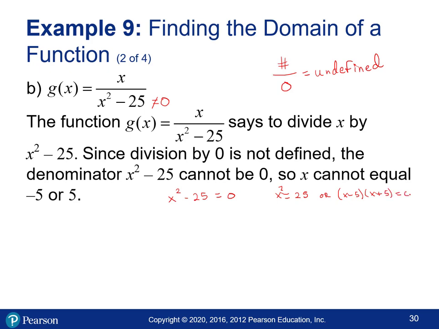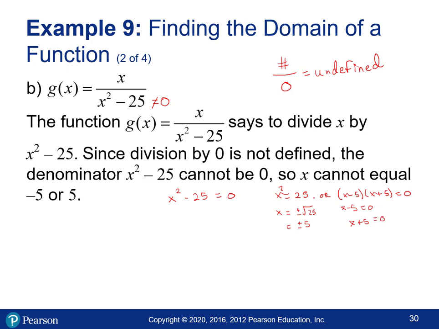Either way, you're going to get the same answer, negative 5 and 5. On the left, if you take the square root, you're going to get x equals plus and minus the square root of 25, which is plus and minus 5. On the right, you're going to set each factor equal to 0, so x minus 5 equals 0, and x plus 5 equals 0.